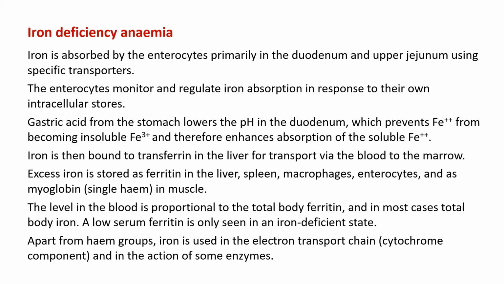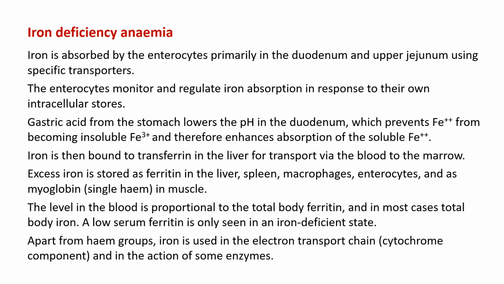We all talk about iron being used to transport oxygen, and that is one of its key, main functions. But it's also used for other things. Iron is used in the electron transport chain. Do you remember the proton pumps? We talked about them being cytochromes. Cytochromes need iron for their synthesis.